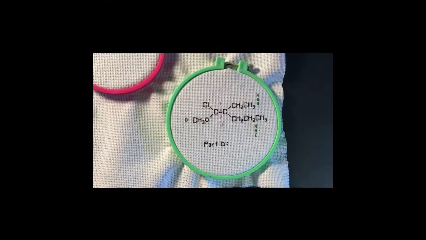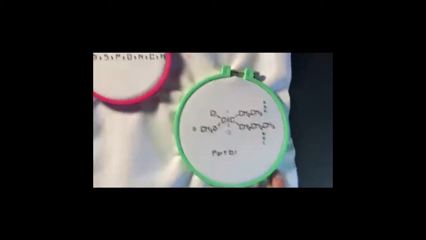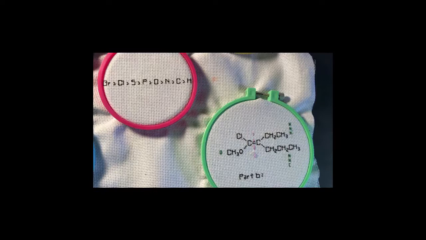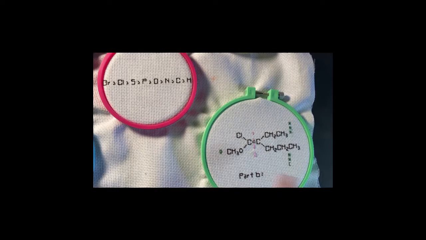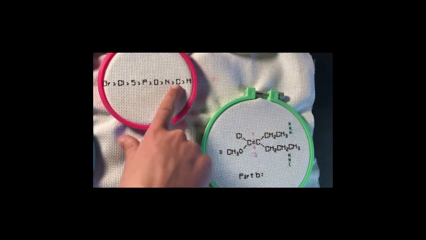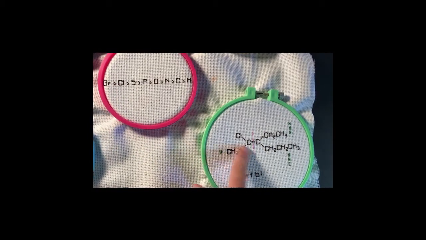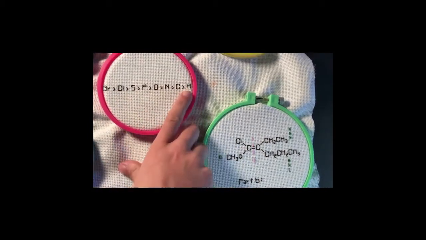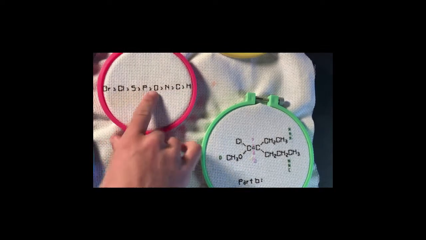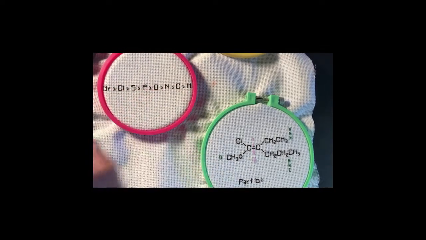Alright, so now that we have that written down, we can look and see which one has higher priority overall. So you can reference the pink hoop again. And we see that this chlorine here is going to outrank the oxygen, and I mean oxygen does have the hydrogen attached to it, but the chlorine is just going to outweigh the oxygen.